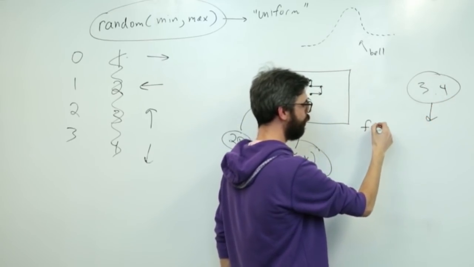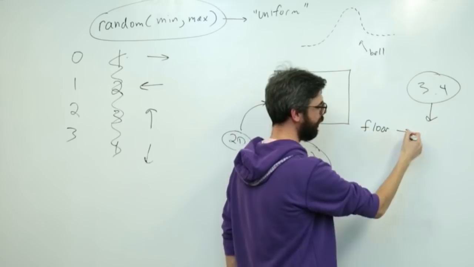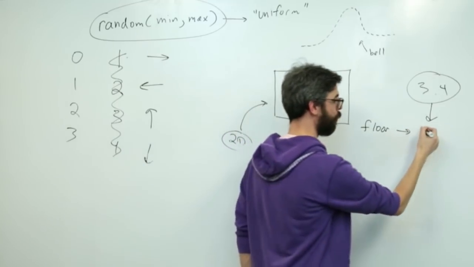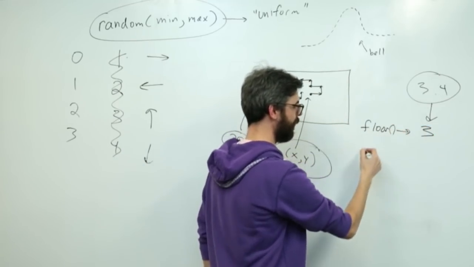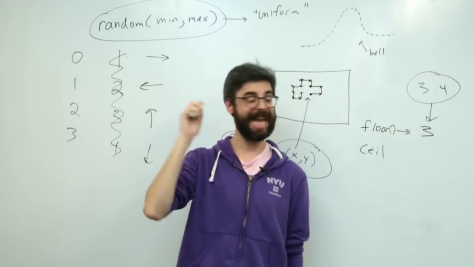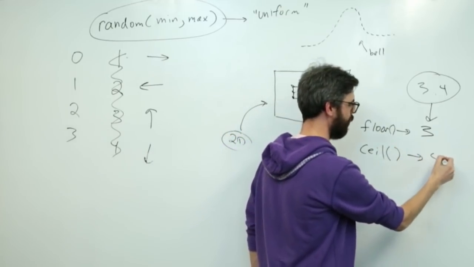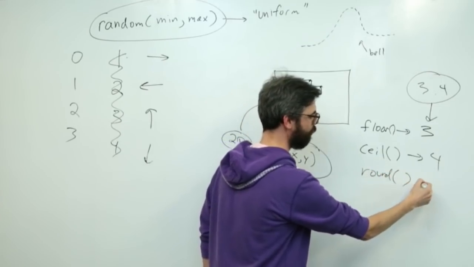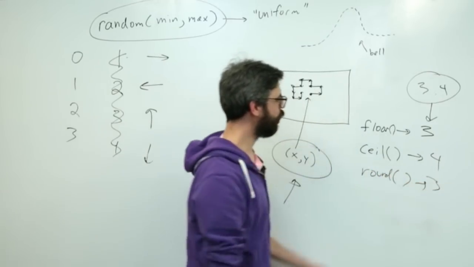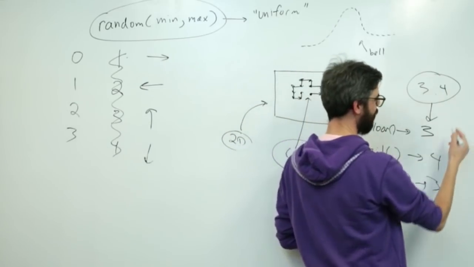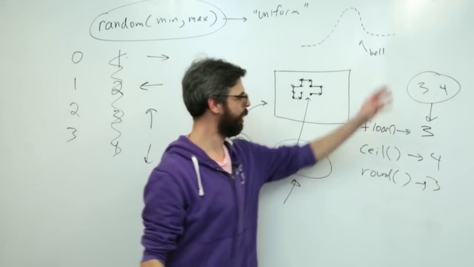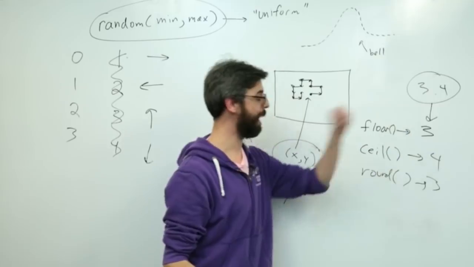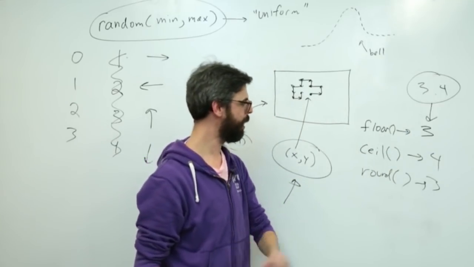If I use the floor function, it will make that number 3. If I use the ceiling function, CEIL, it will make that number 4. If I use the round function, it will make that number 3. So floor, even if it's 3.9999999, just lops off the decimal place and makes it 3.